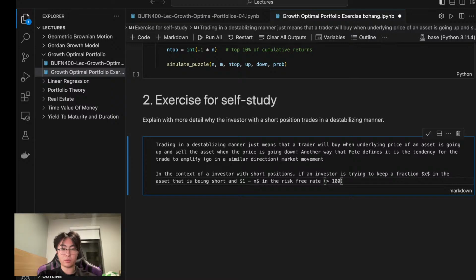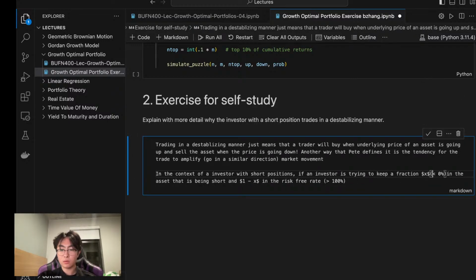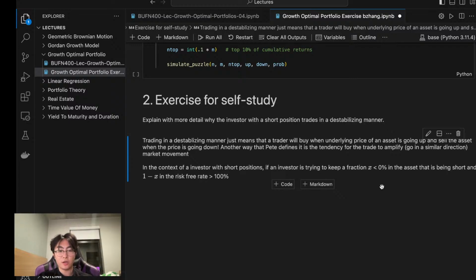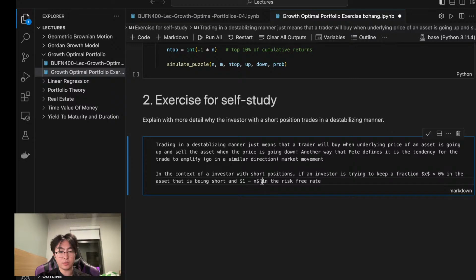So this is greater than 100%. In the context of an investor with a short position, the investor is trying to keep a fraction of X greater than 100% in the risk-free assets earning the risk-free rate.